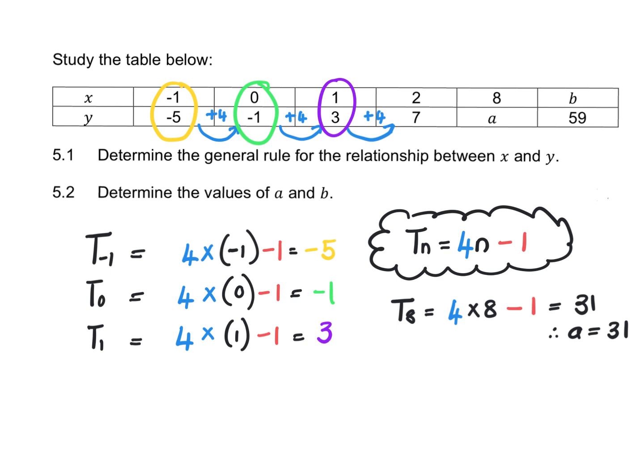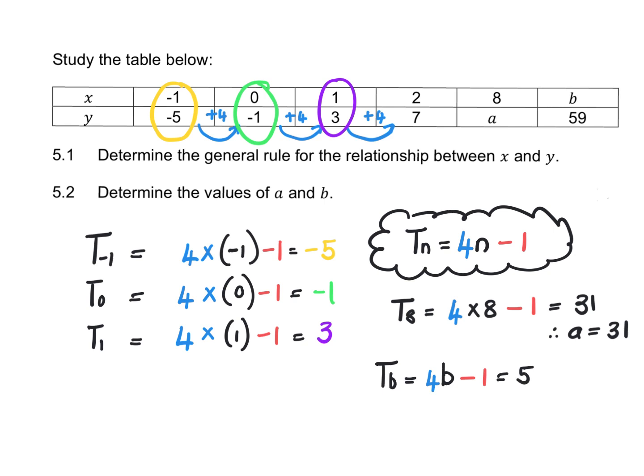But what about B? How can I work backwards from 59 in order to get B? This one is a bit tricky. I'm looking for term B. I know that it's 4 times something, so we can say 4 times B, or 4B, minus 1, and this is equal to 59.